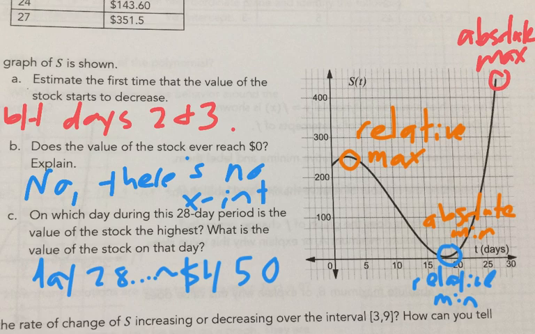And the point at which it switched appears to be somewhere right in here, about day between 8 and 9. That's what it looks like for me. So right in that area, between 8 and 9, I'm going to have an inflection point.